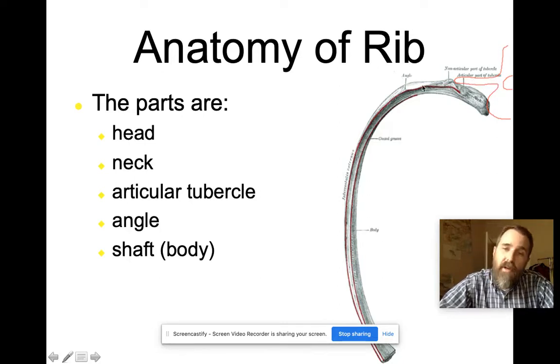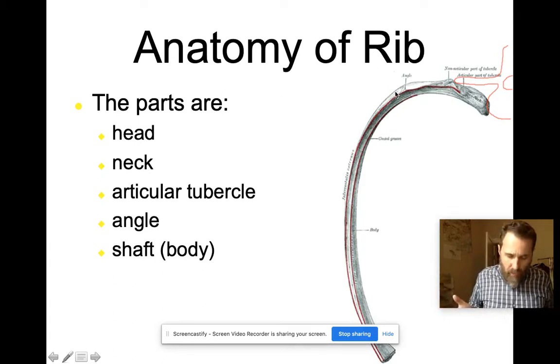If we keep moving over, we get to a point where the rib suddenly takes a more dramatic curve forward and down. That's known as the angle of the rib. After the angle, the rib is going to course anteriorly towards the sternum, and the rest of the rib is the body or the shaft. So head, neck, tubercle, angle, and body.